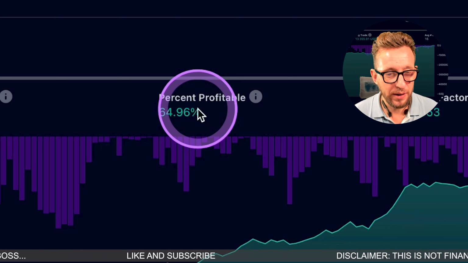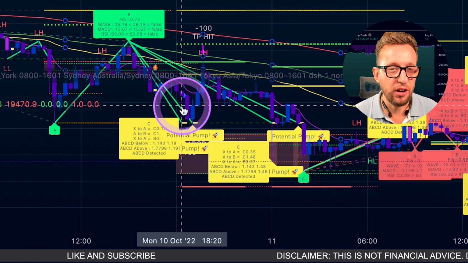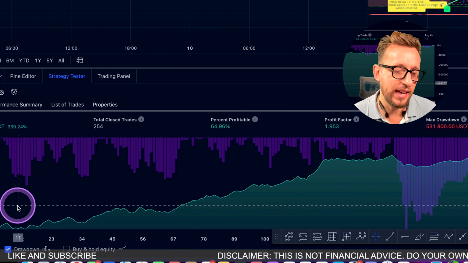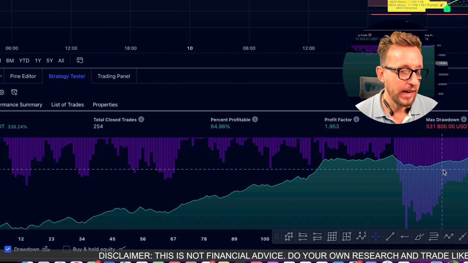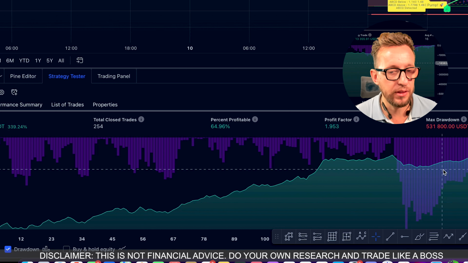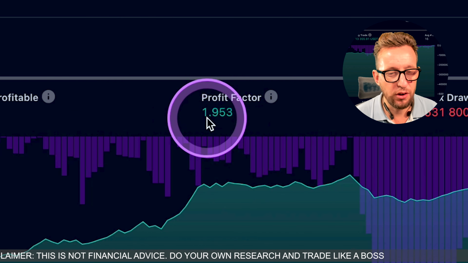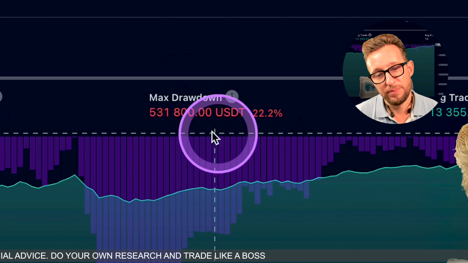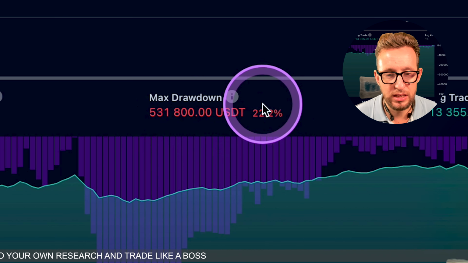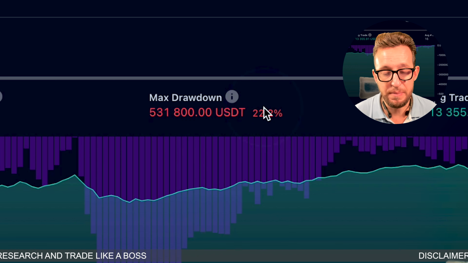I managed to get that all the way up to 80 by decreasing our fibs, but it actually made the equity curve look less attractive to me, and I'm all about profit and not about the win rate. We have a profit factor of 1.953, which is excellent. We have a max drawdown of 22, which I'd like to decrease to around 10 to 15 maximum.